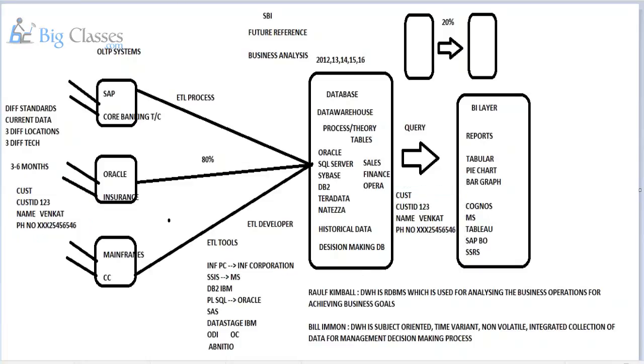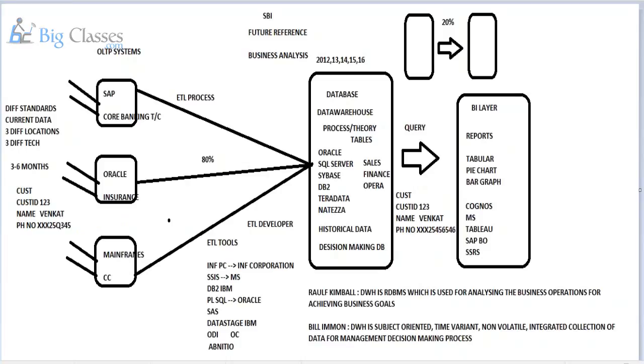So whenever there is some change in the phone number, this OLTP system data will be overwritten. So it's volatile. OLTP is highly volatile in nature, so the data will be changed here.